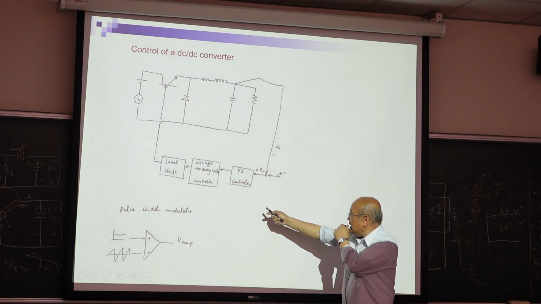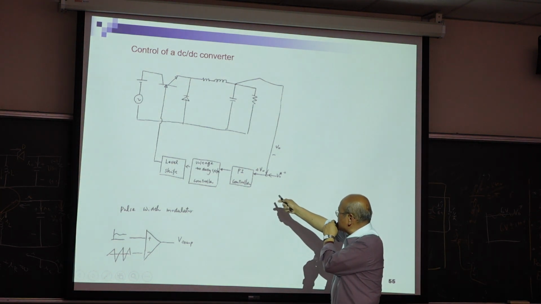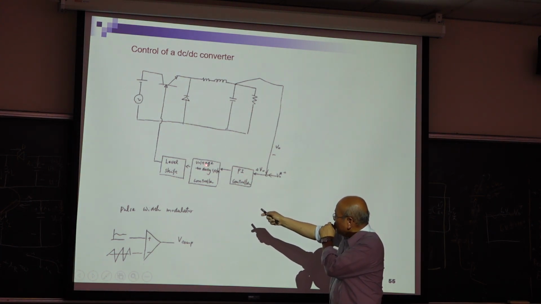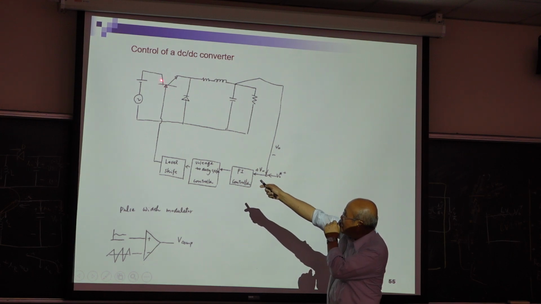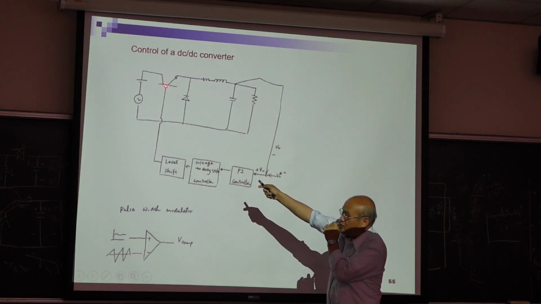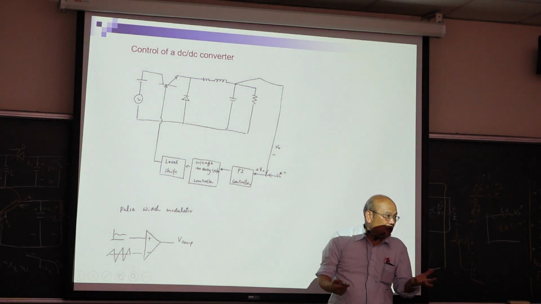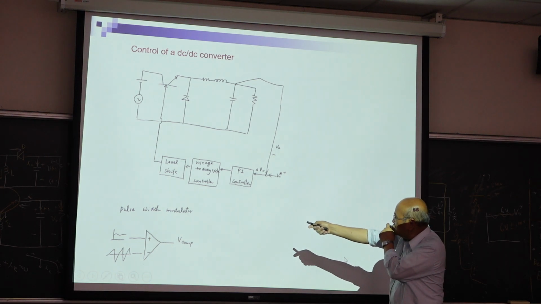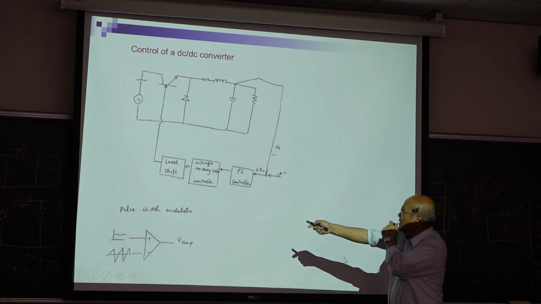Then we design a PI controller to reduce the error. And then we design voltage to duty cycle, because our control output is what? Duty cycle, right? So we have to change error into duty cycle.